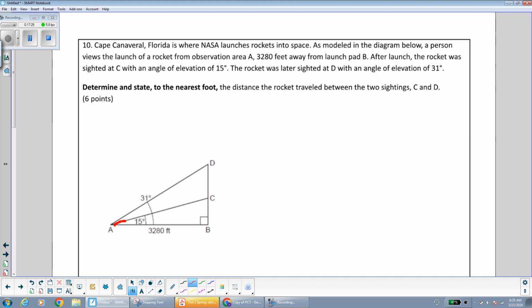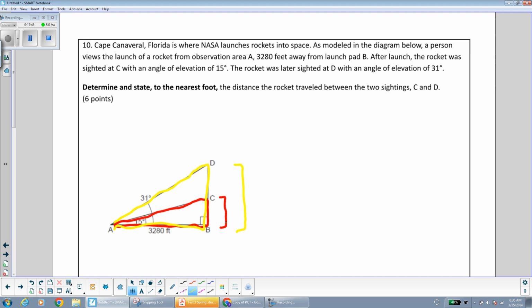We do have this small right triangle over here, and using the small right triangle, we can find CB. We also have this big right triangle, and using the big right triangle, we can find DB.